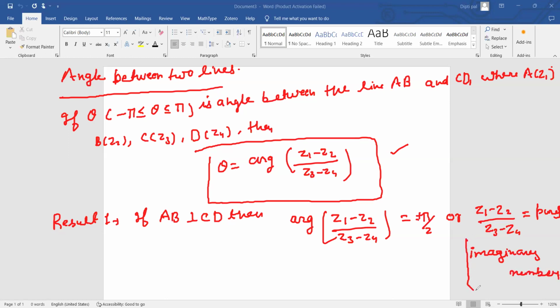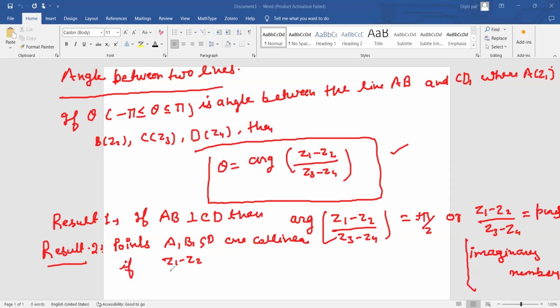Now the next result: the points A, B, C, D are collinear if (Z1 minus Z2) upon (Z3 minus Z4) is real.